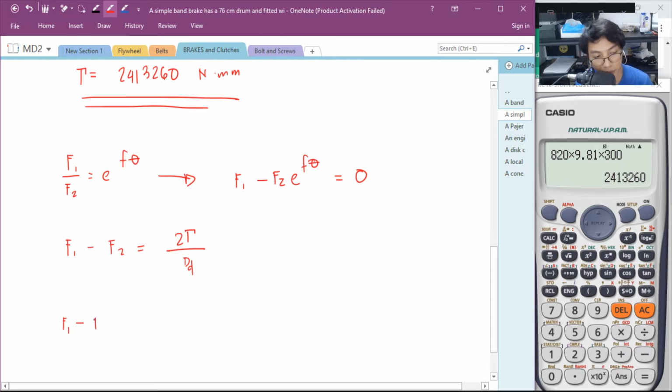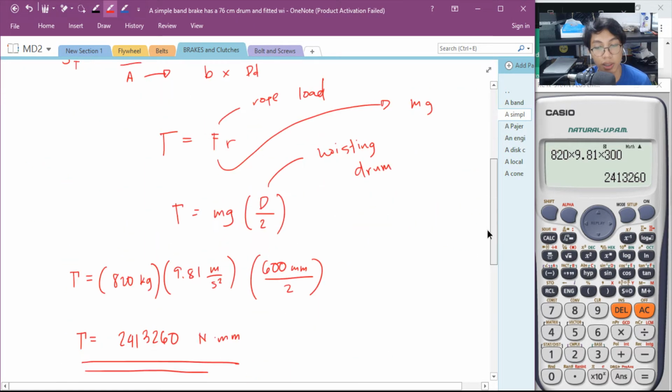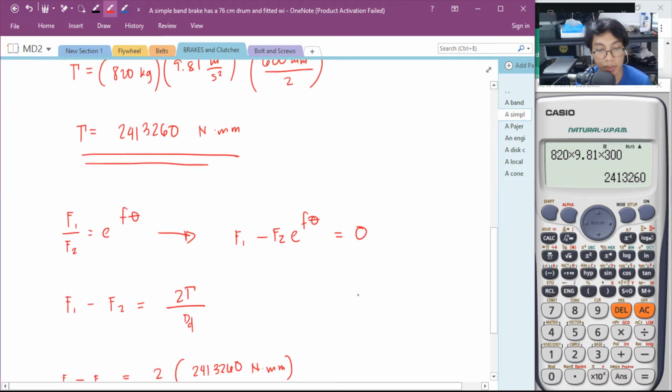Ayan. So, F1 minus F2 is equal to twice nung torque. Ano yung torque yan? 2413260 Newton millimeter divided by diameter of the drum, 76 cm o 760 millimeter.